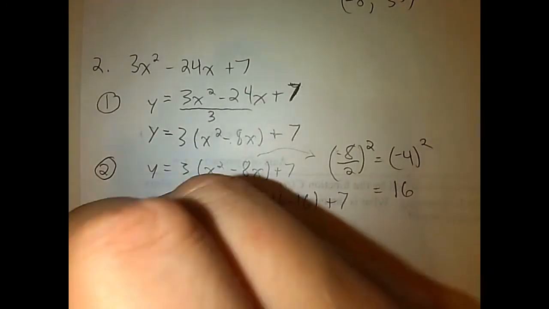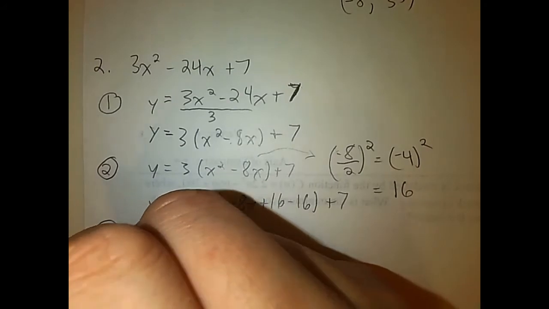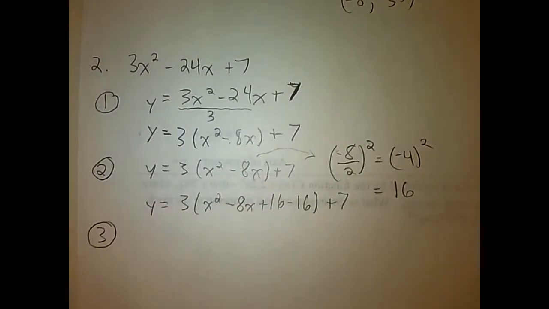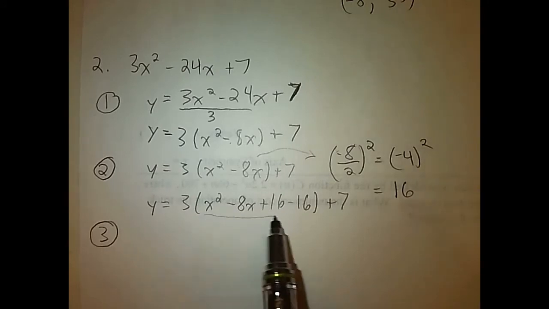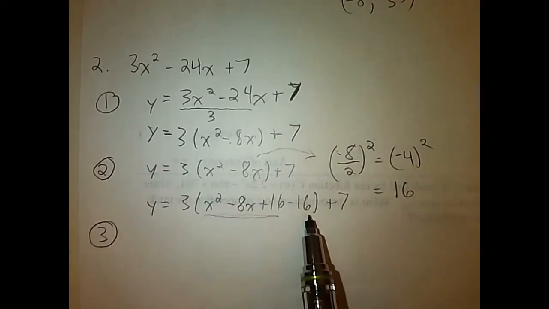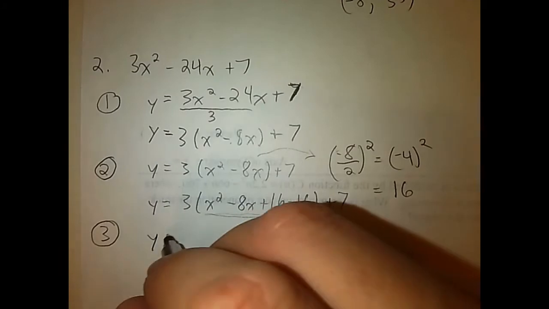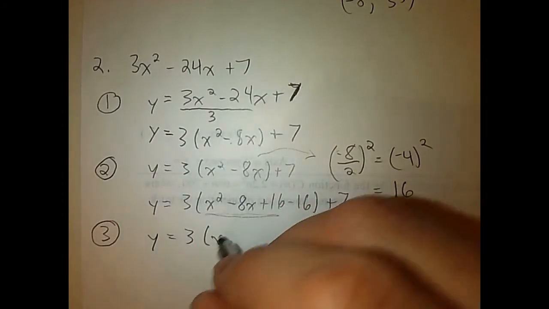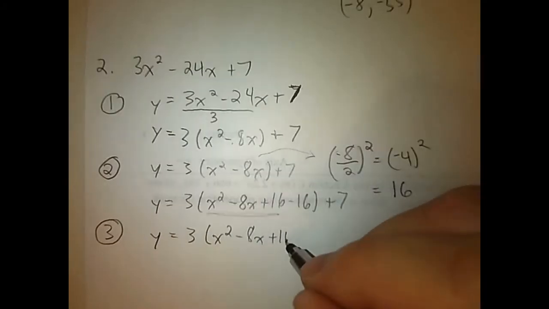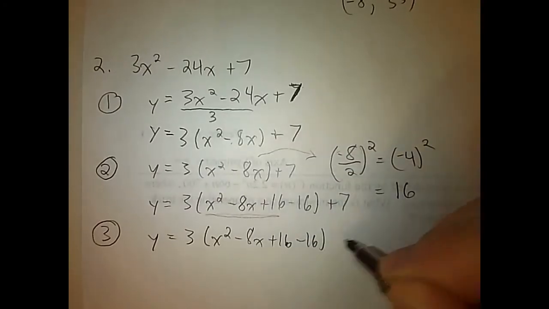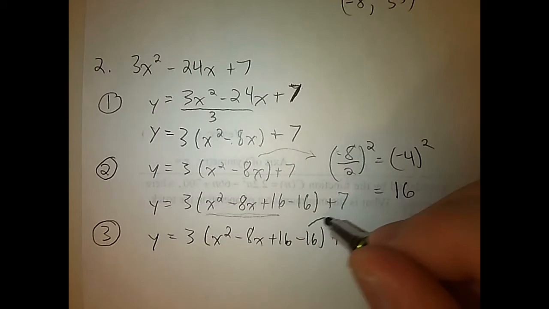Step number 3 is I'm going to just get the perfect square by itself. This one, the first 3. So I got to move this one out. So x squared minus 8x plus 16. Moving this out.